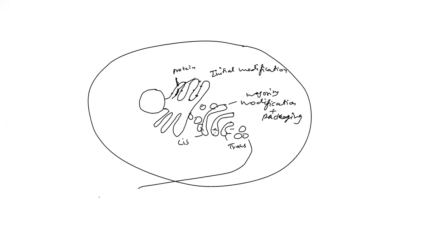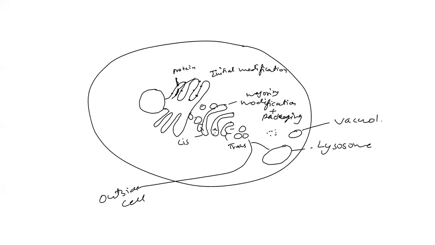Most of the vesicles go outside the cell. Some of them are used inside the cell. Some special vesicles formed by the Golgi body turn into lysosomes, and some of them turn into vacuoles.